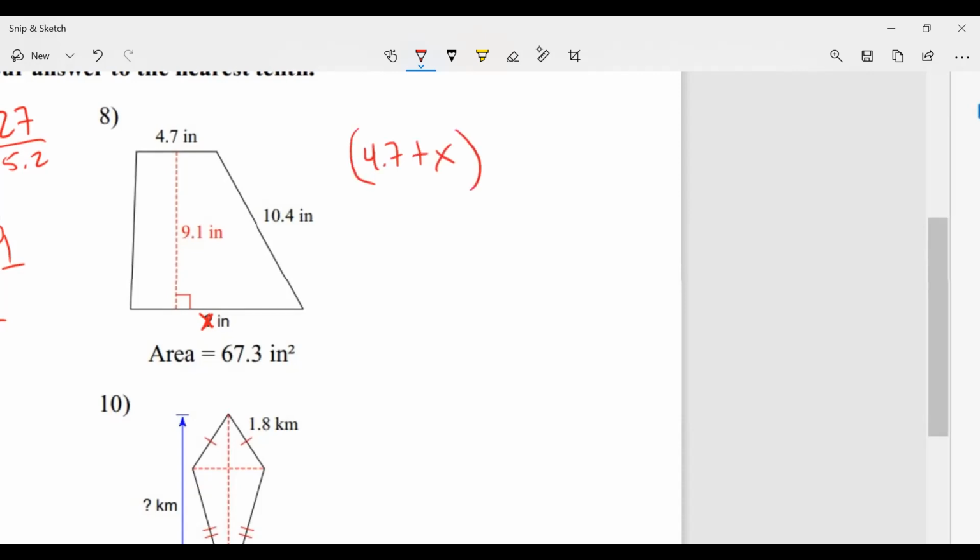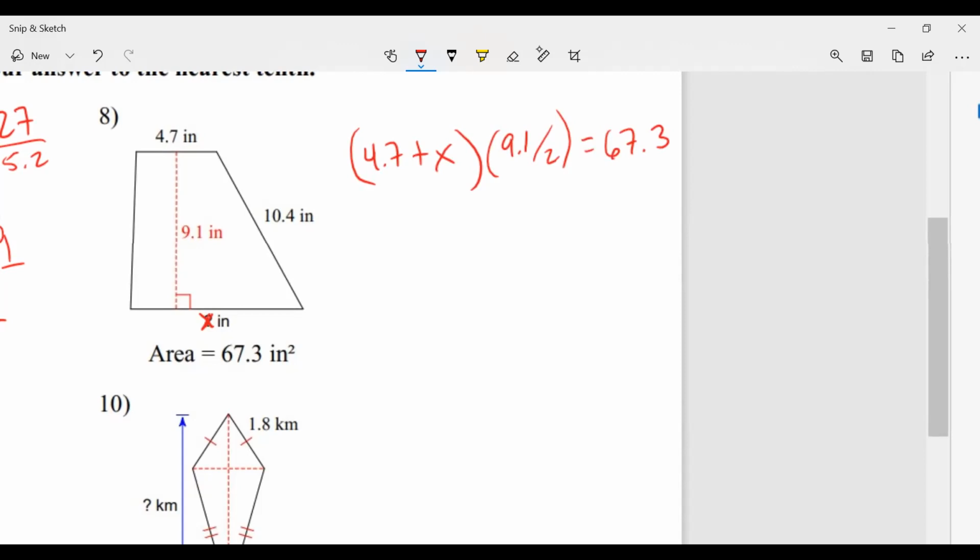I said add the 2 bases. And then whatever you get, you're going to multiply it times the height divided by 2. So 9.1 divided by 2. Right? The height is the distance between the bases. And that should give you the area. In this case, I'm told that the area is 67.3. So all of this should equal 67.3.